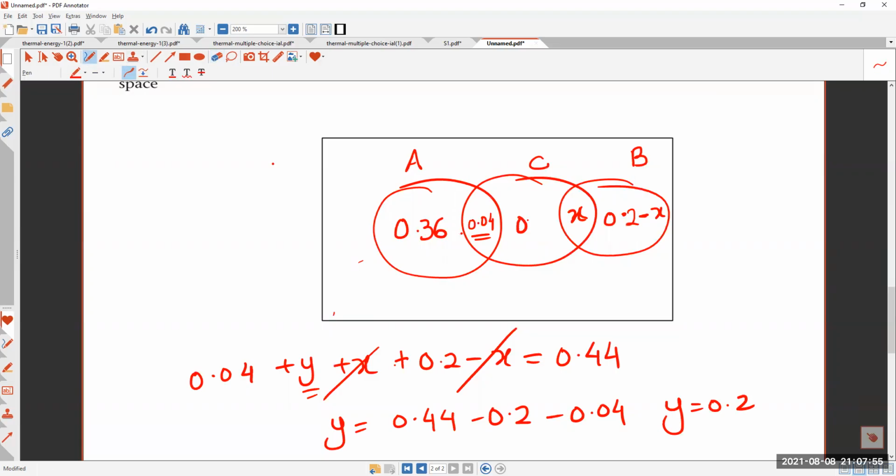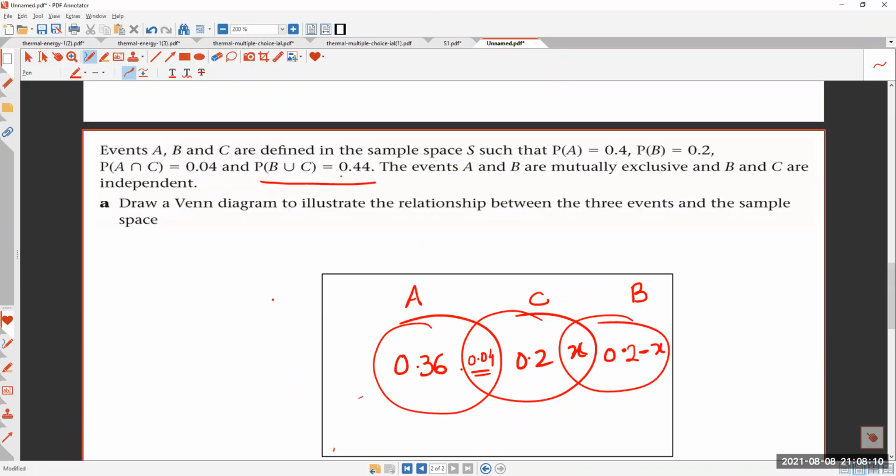Everybody got this? From which hint I got it? Saeed, Mansha, you guys got this, na? How I approached the problem? Because in the question they gave us B union C is 0.44. That means anything inside the circle B, anything inside the circle C, when you total, the answer 0.44 will come.